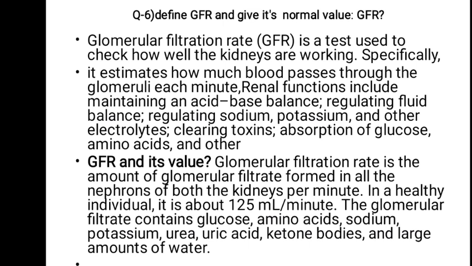Now, GFR and its value. Glomerular filtration rate is the amount of glomerular filtrate formed in all the nephrons of both the kidneys per minute. In a healthy individual, it is about 125 ml per minute.